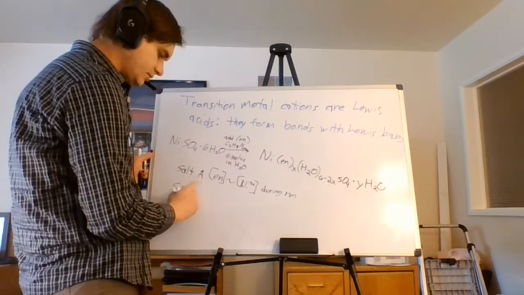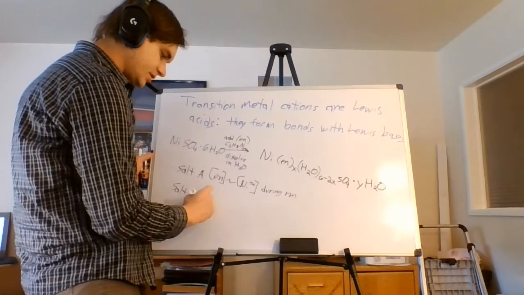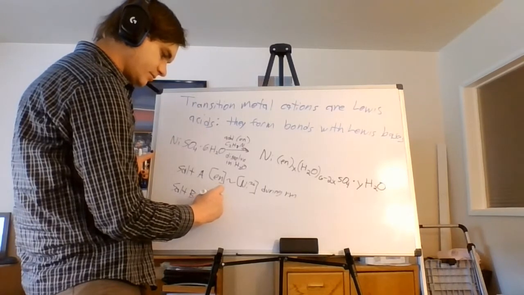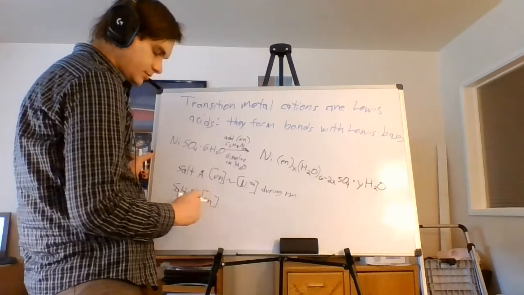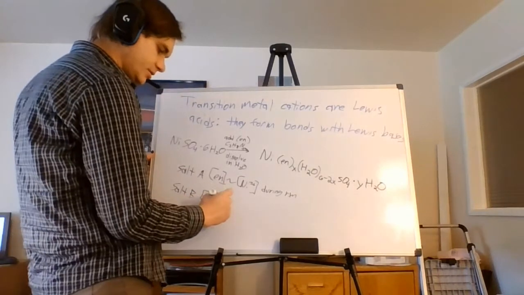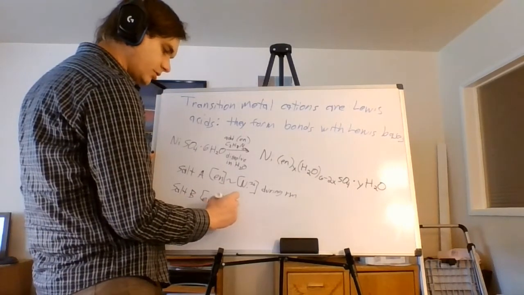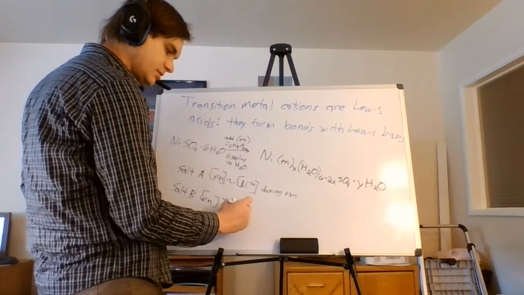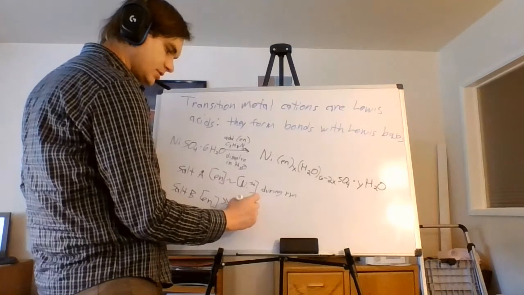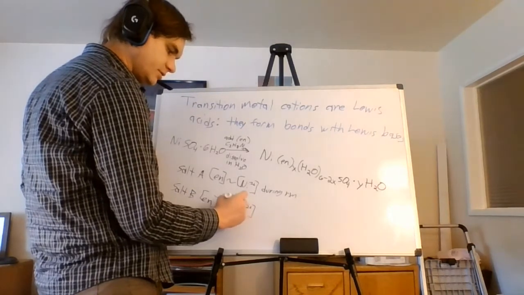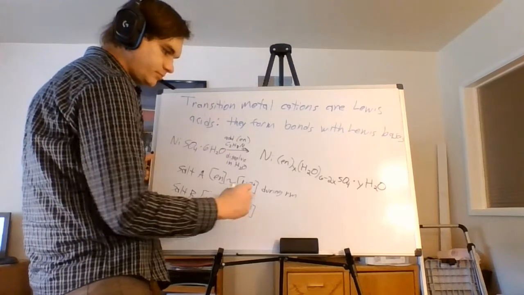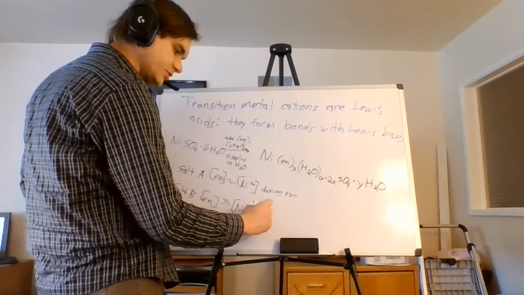Salt B has a concentration of ethylene diamine that is in large excess versus the concentration of nickel during the reaction.